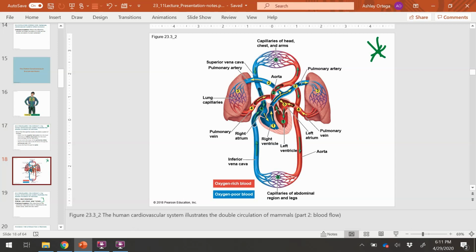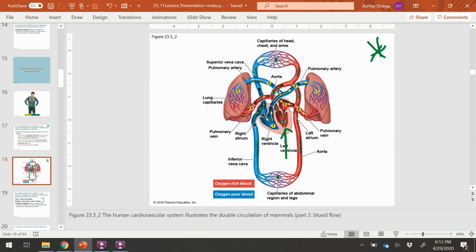So now we're going to start with your left ventricle. It's going to pump oxygen-rich blood out of the heart. And so as it's going away from the heart, it's going through the aorta. The aorta is going to lead to other arteries that will then carry the blood to the upper and lower regions of the body.